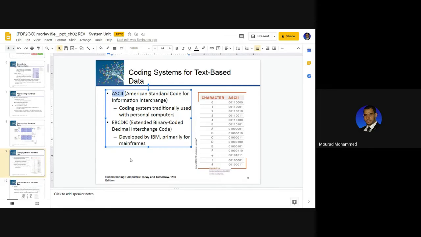So I need to change the conversion system, not ASCII, I'm going to use this one. Can I? Absolutely, because it's a matter of logical configuration inside the computer, no more, no less.